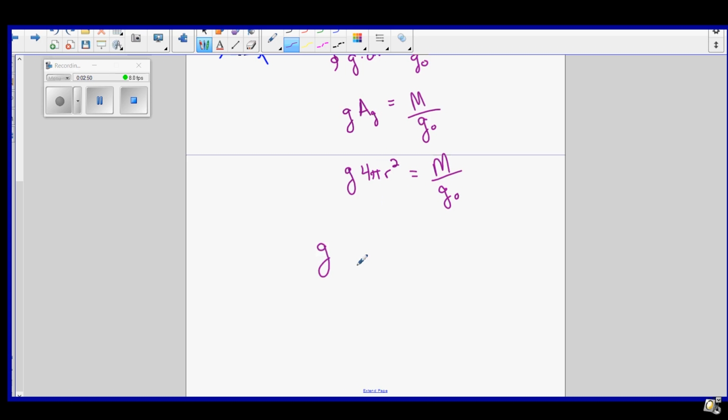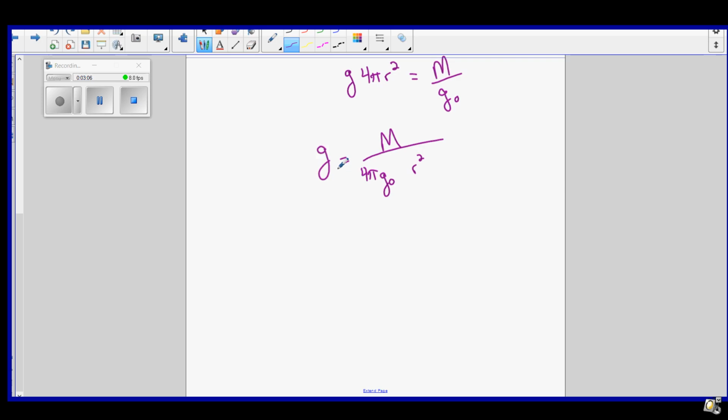So the gravitational field strength g is equal to the total mass of the planet divided by 4 pi r squared epsilon naught. But this is looking a lot like the electric field of a point charge, right? Where 1 over 4 pi epsilon naught, I'm going to want to name that after somebody.